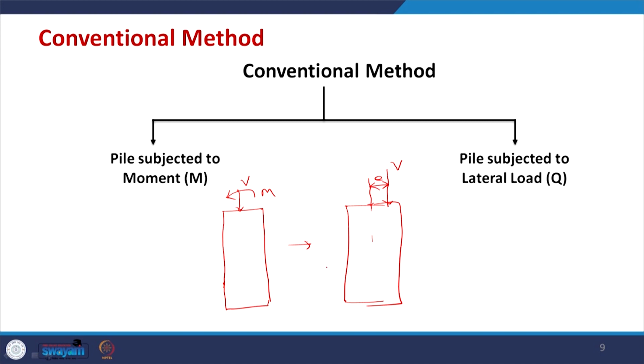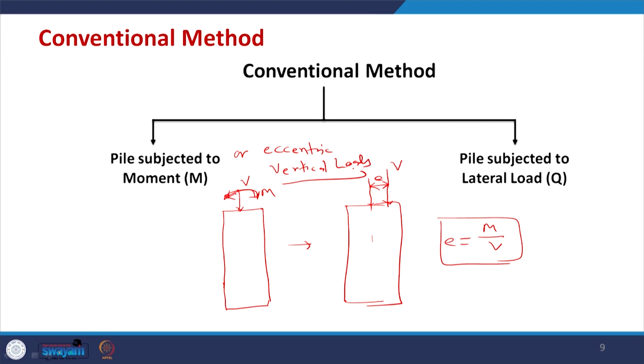So, this will create a moment basically, acting in this direction, and e will be simply M by V. So, this is equivalent, whether we say a pile subjected to moment or an eccentric vertical load. The load is not centric, so that is the same case.